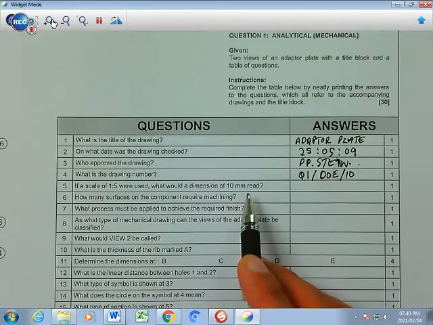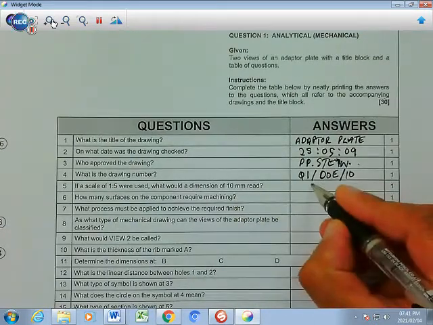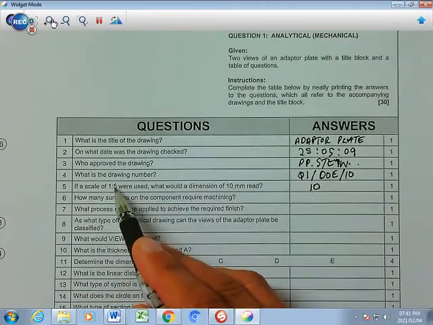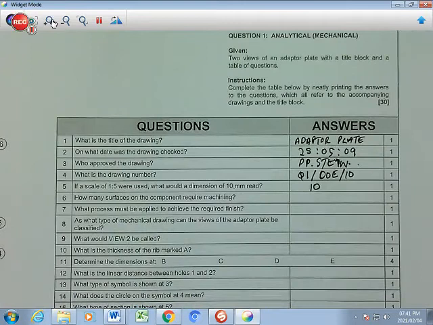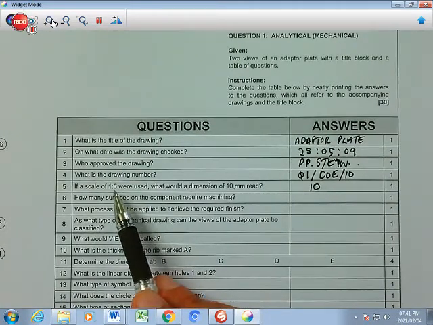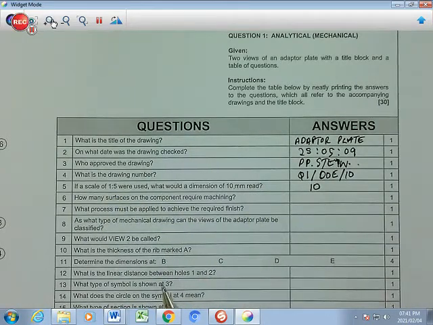Okay. If a scale of 1:5 is used, what would a dimension of 10 read? Now this is a trick question, and I need to repeat that it's a trick question. Your answer is simply going to be 10. Right? Don't try and multiply this with that over there. The reason is that the scale is changed every time on certain drawings, but the actual sizes of the component remain the same.